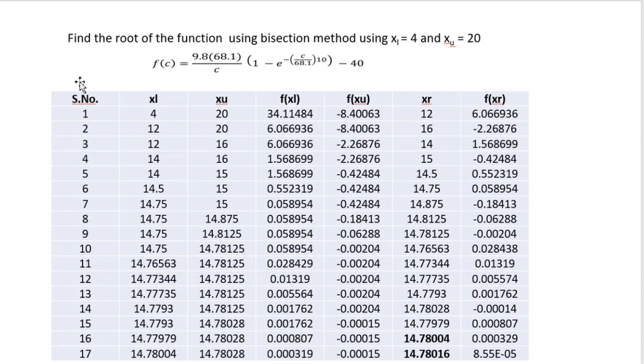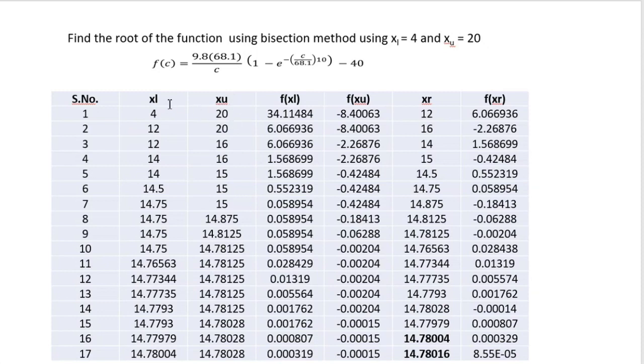I have solved it in tabular form so that it is more presentable. XL values I'm writing in column number 1, XU values in column number 2. So here XL is equal to 4, XU is equal to 20.